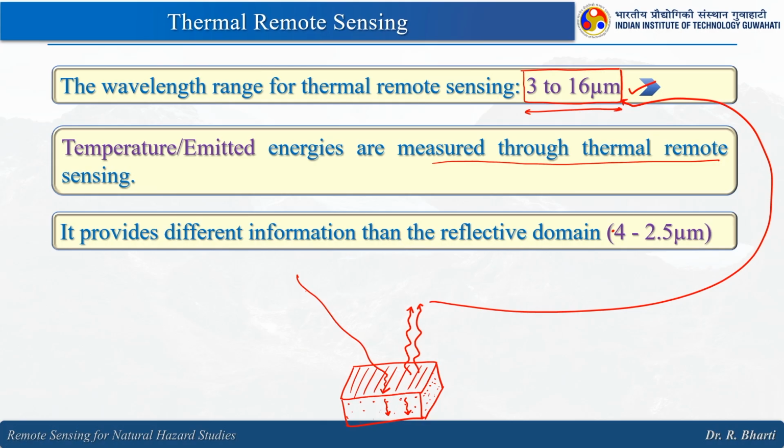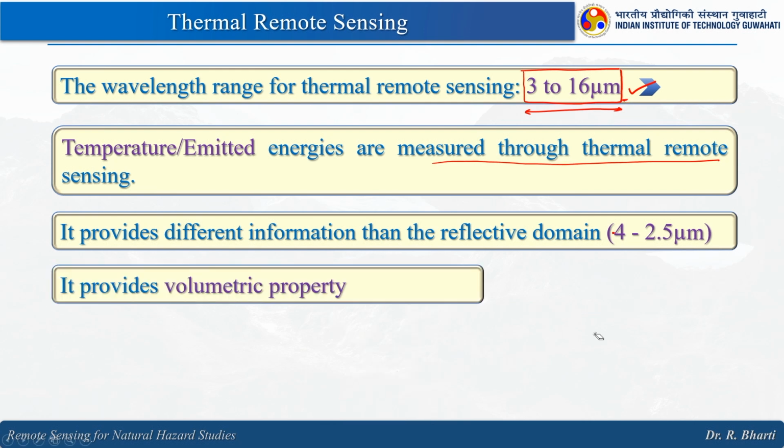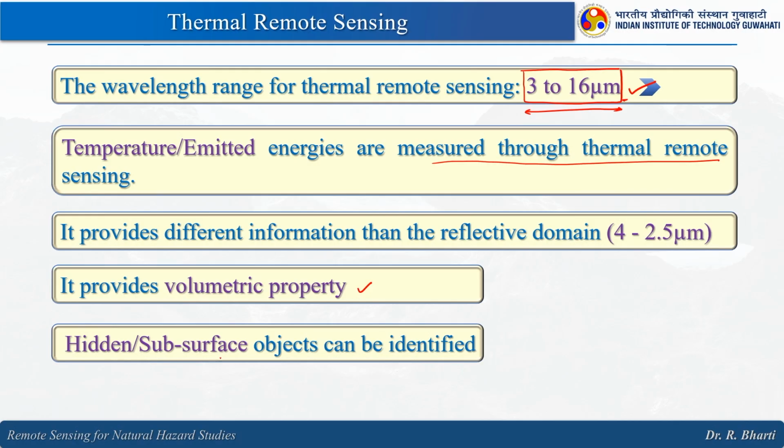Different information means it is providing you the volumetric information, right. Hidden and subsurface objects can be identified. Since it is coming from the volume, remember it is because of the volume, this volume can give you the information about what is hidden here.